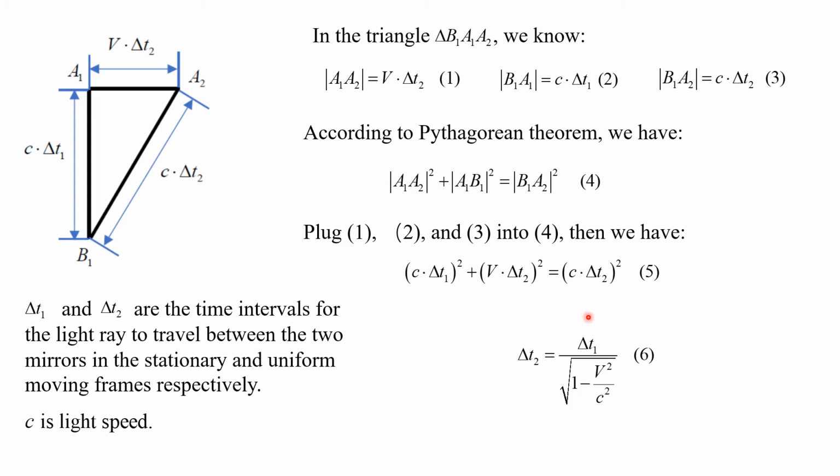This relationship is shown in equation 6 here. Equation 6 shows the time dilation in the uniformly moving frame. Delta T2 equals delta T1 over the square root of 1 minus V squared over C squared.